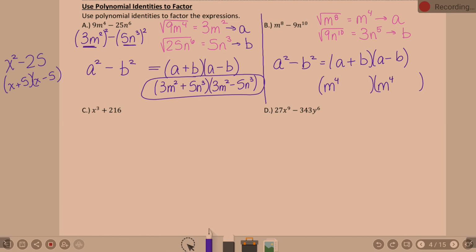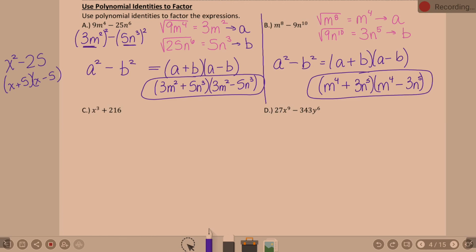M to the 4th. Those are my a values. The second square root goes at the end of the parentheses. 3n to the 5th. So those go in the second spot. And then we need opposite signs. You've factored that before, just not with the big bad pieces.